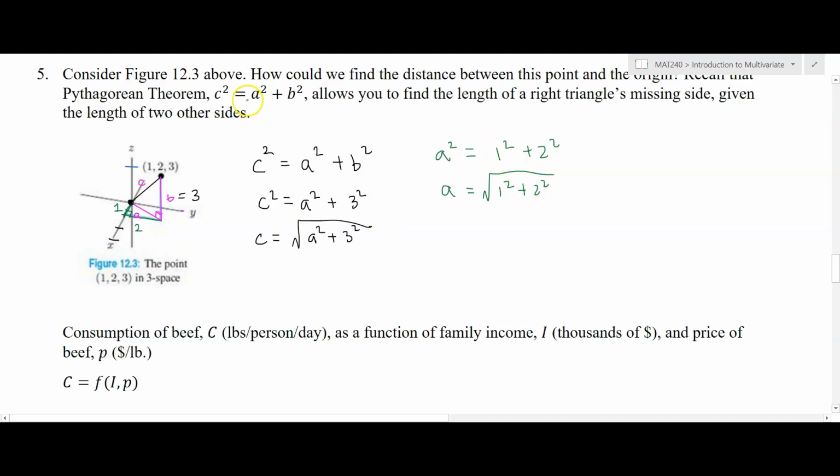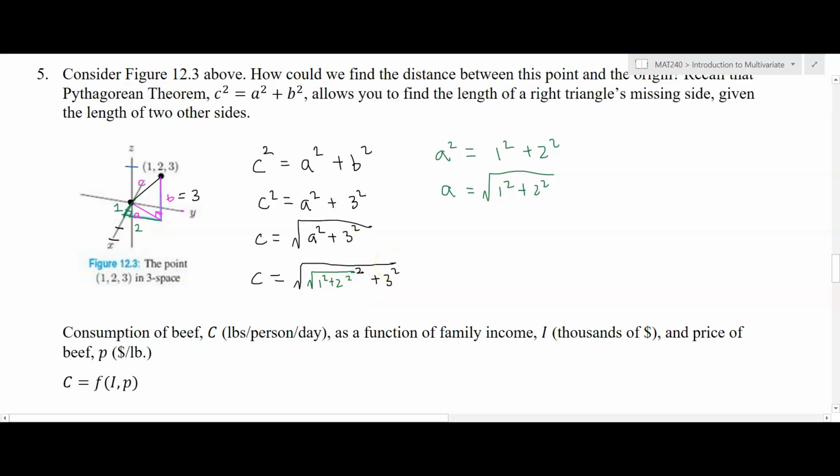Now for a second, so that we can generalize our findings to any point and finding its distance, what I'm going to do here is I'm just going to write C is equal to the square root of, and then inside of here I'm going to replace A with the square root of 1 squared plus 2 squared, and that quantity A is getting squared. So I have to put a square on top there, plus my 3 squared.